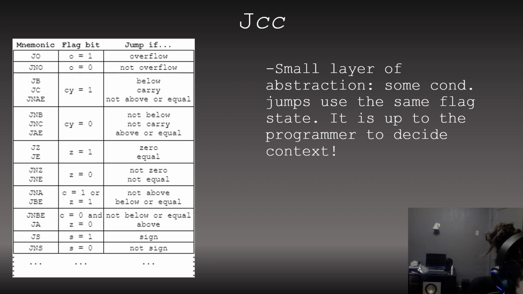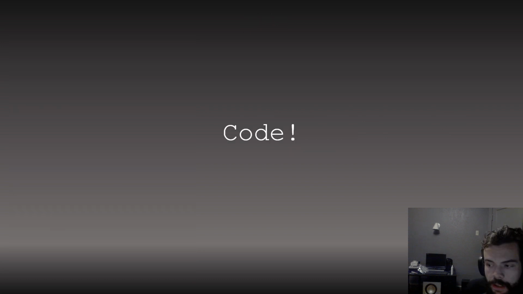Like JNZ and JNE: jump if not zero, or jump if not equal. Technically the same thing, because both are checking the zero flag bit. And now we do the fun part.